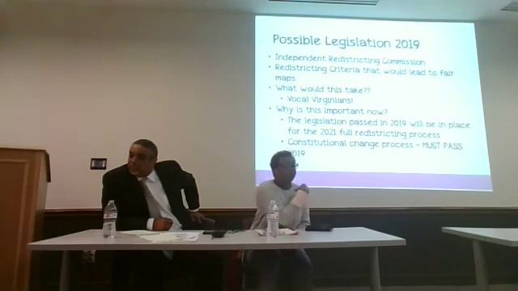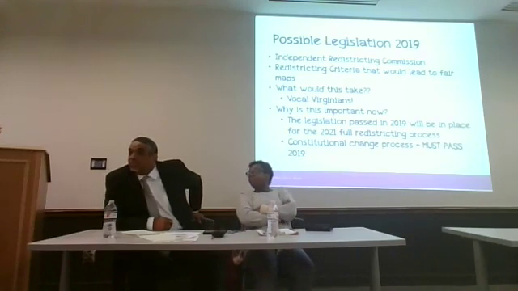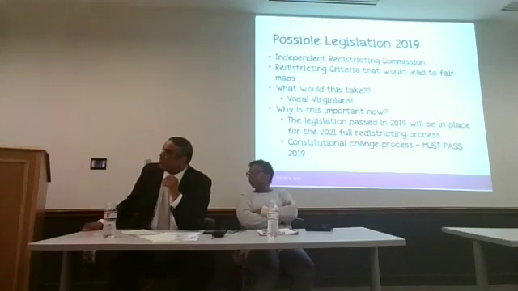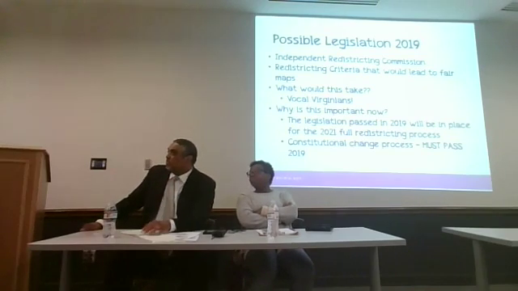So between January and February, Delegate Ward, Senator Locke, and I need to go back and significantly fight for our laws and rules to be changed so that we can have a more fair process for the 2021 redistricting. And that's based off the Senate.